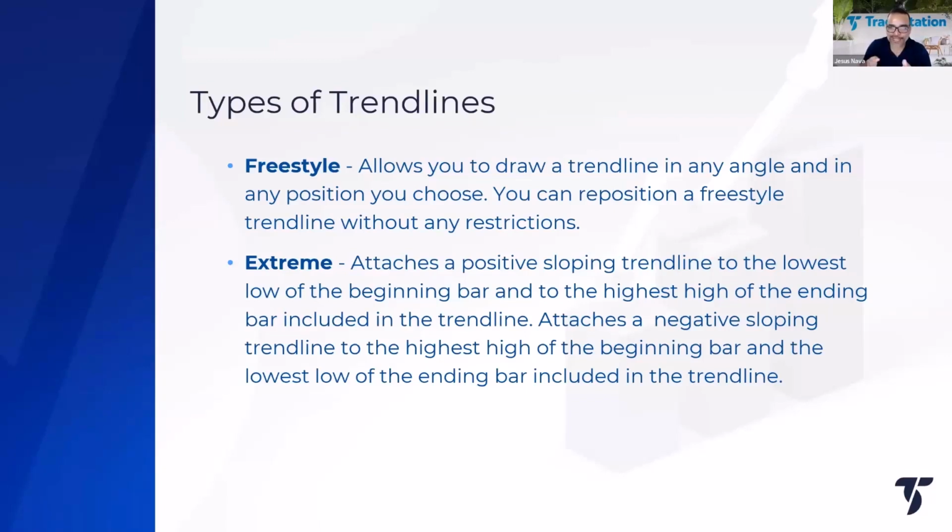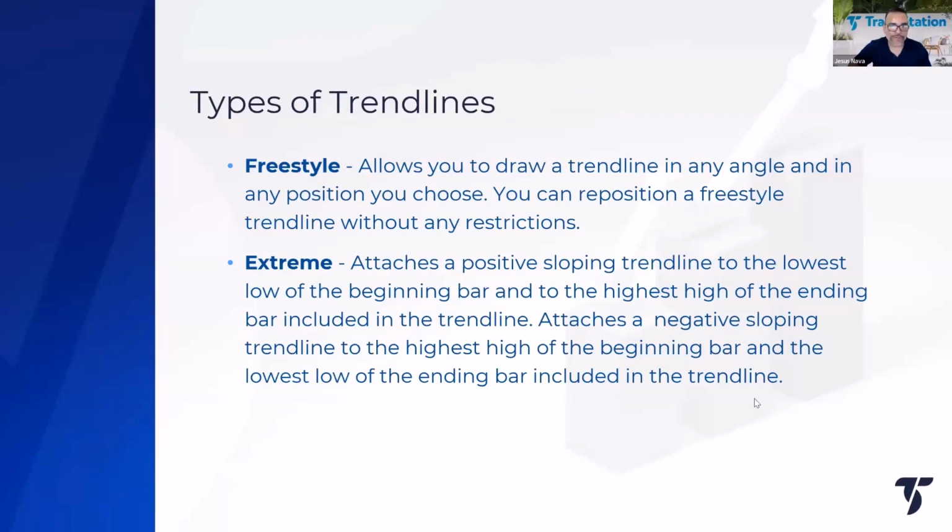The definition here says it attaches a positive sloping trend line, so that's an uptrend, to the lowest low of the beginning bar and to the highest high of the ending bar. And that's why it's called extreme, because it'll go from the low to the high. And when you draw a negative sloping trend line or downtrending, it'll go from the highest high of that bar and the lowest low of the bar where the trend line ends.